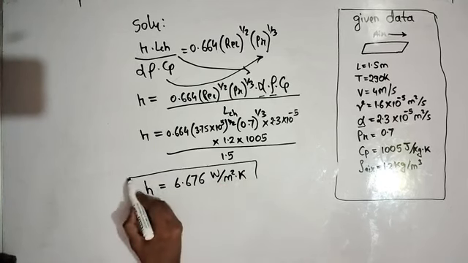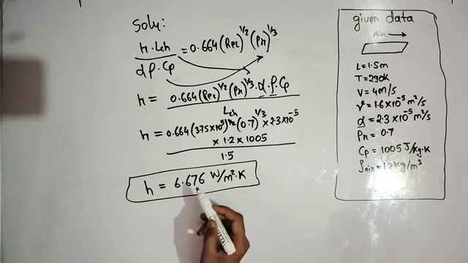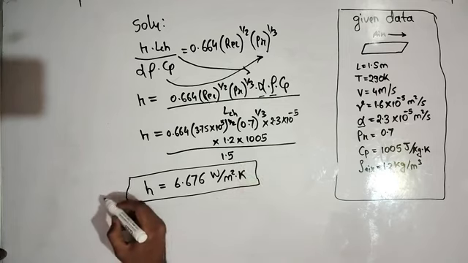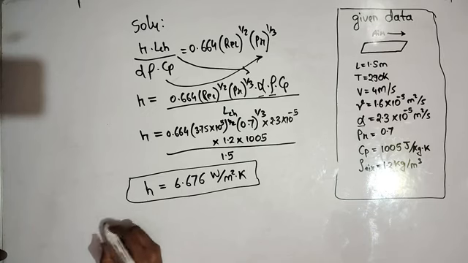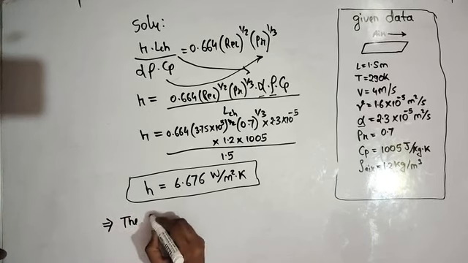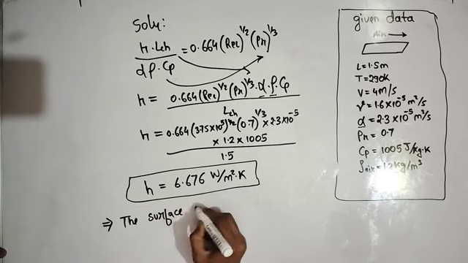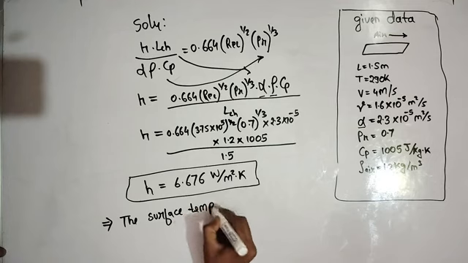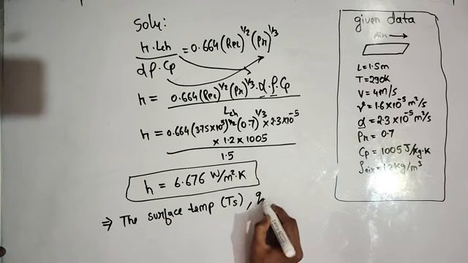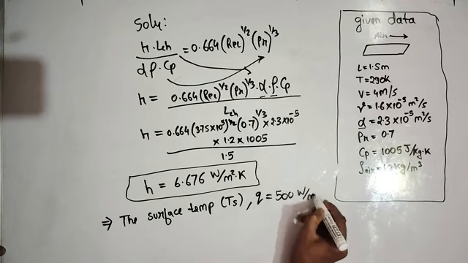So this is the heat transfer coefficient that we get after solving the equation. So this is the answer of part A. And the second thing that they are asking is, what is the surface temperature? Surface temperature Ts, and we are given heat flux as 500 watt per meter square.